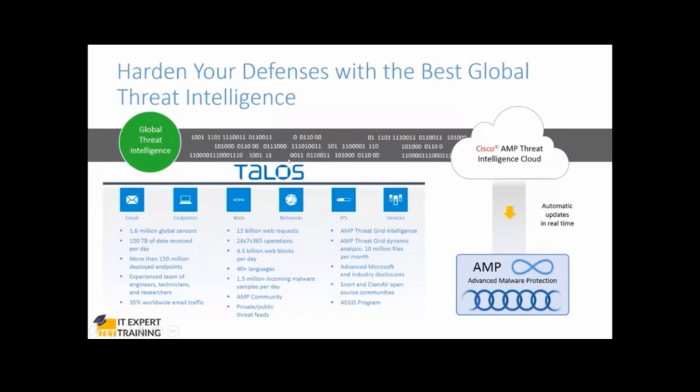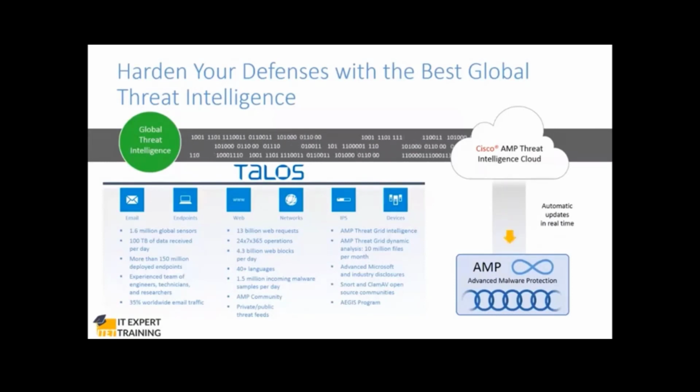Okay, the Talos team of researchers are on the front line finding threats that no one else has seen before when the threat comes. So they are the front line. They are gathering a massive amount of threat intel files and phishing data to the AMP cloud for use only for the AMP endpoint and other Cisco products.